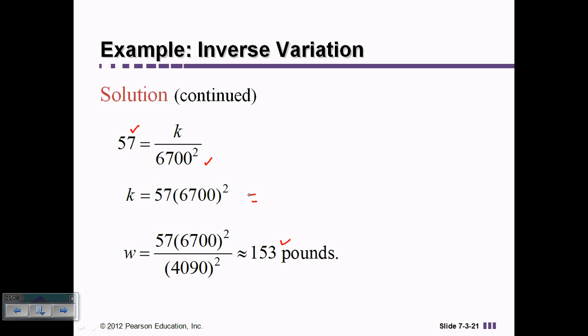When we do 57 times 6,700 squared, we get a very, very large number. The number that you get on your calculator is 255,873,000, so that is the k value.